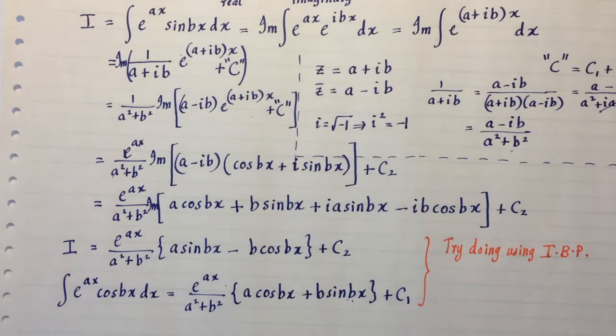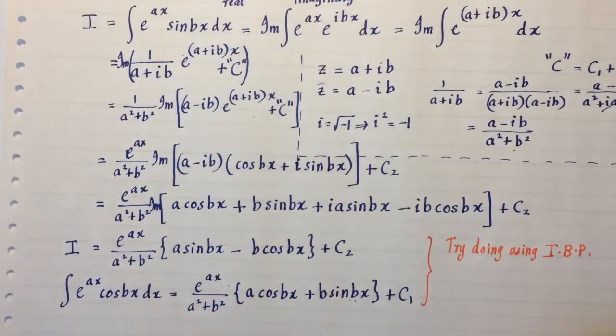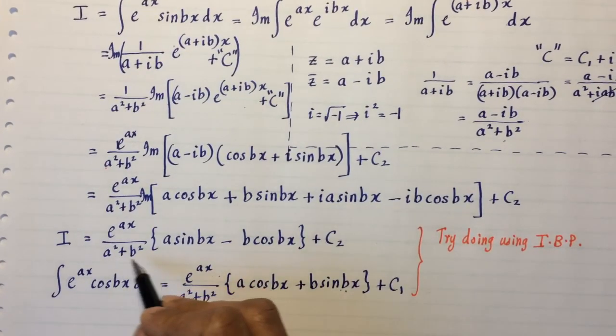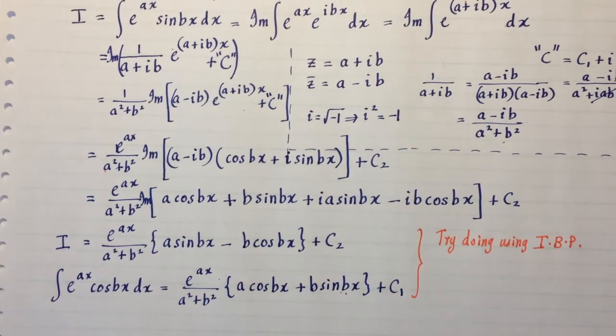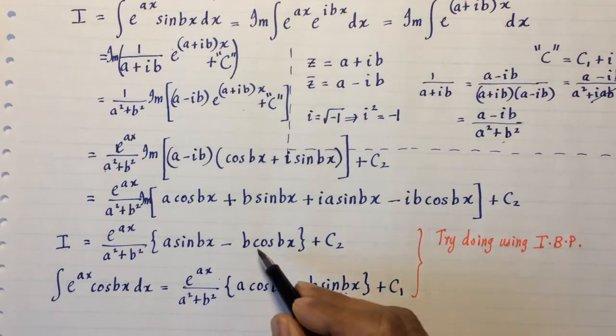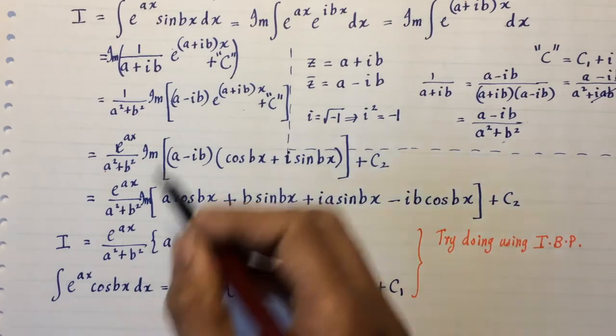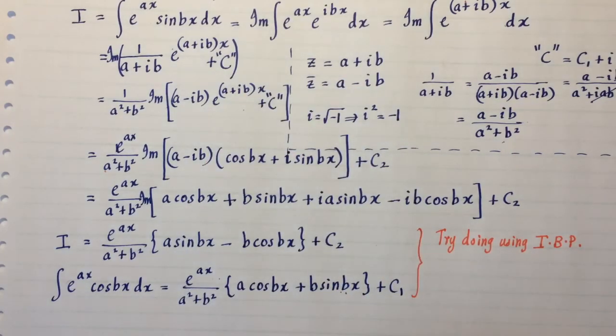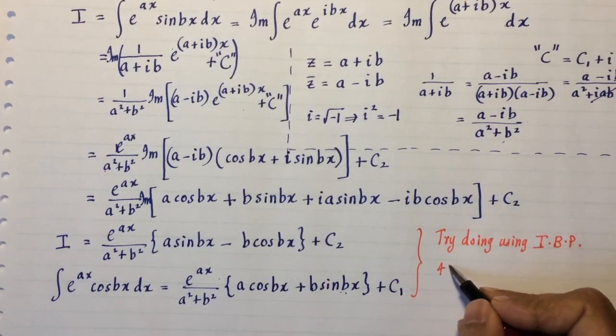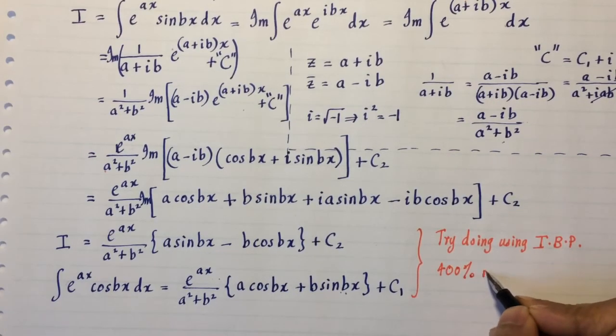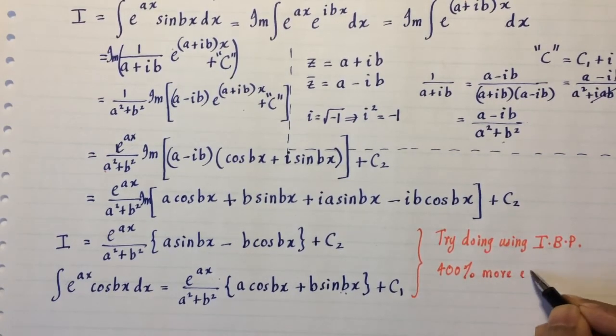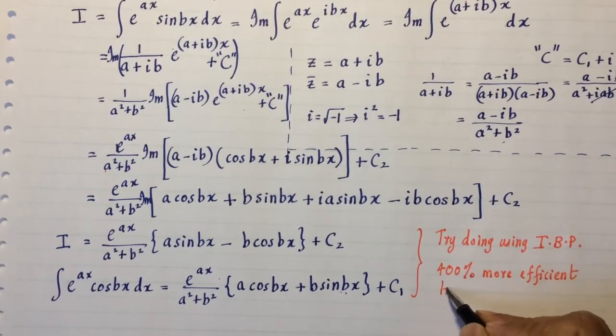If you do this using integration by parts, you will find that each of these will take at least a page, and it involves all kinds of trickery to get this a squared plus b squared down there. So it's not very easy at all. This way Euler is able to get both the integrals in one go. So I like to say it's 400% more efficient to use Euler.